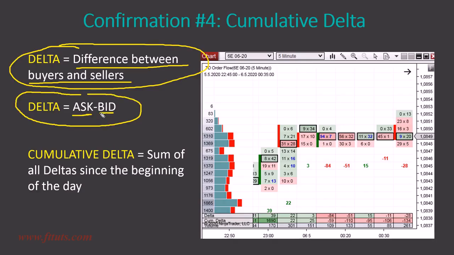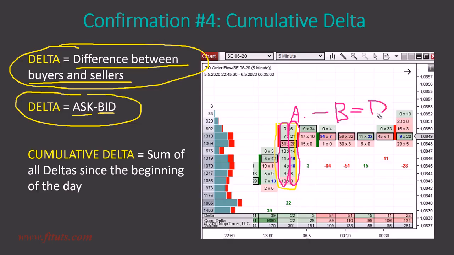Ask minus bid. And if you look at the order flow software, then it always gets calculated for every given footprint. So in this case, it would be the sum of all those volumes traded on the ask, minus the sum of all those volumes which were traded on bid.